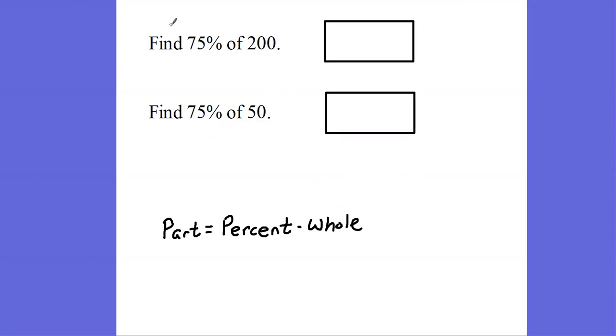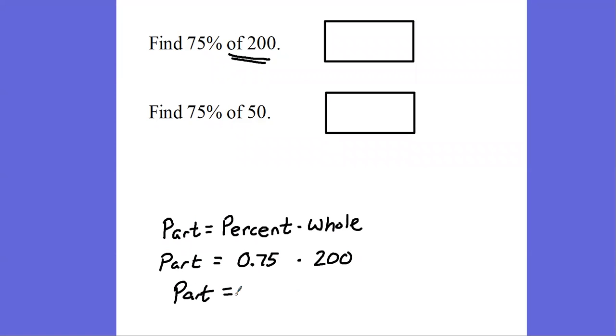So in this problem right here, if I want to find 75% of 200, this 200 was my whole amount. So I would just plug in 200 right there, and I want to find 75% of that. And whatever 0.75 times 200 is, that's going to be your part.